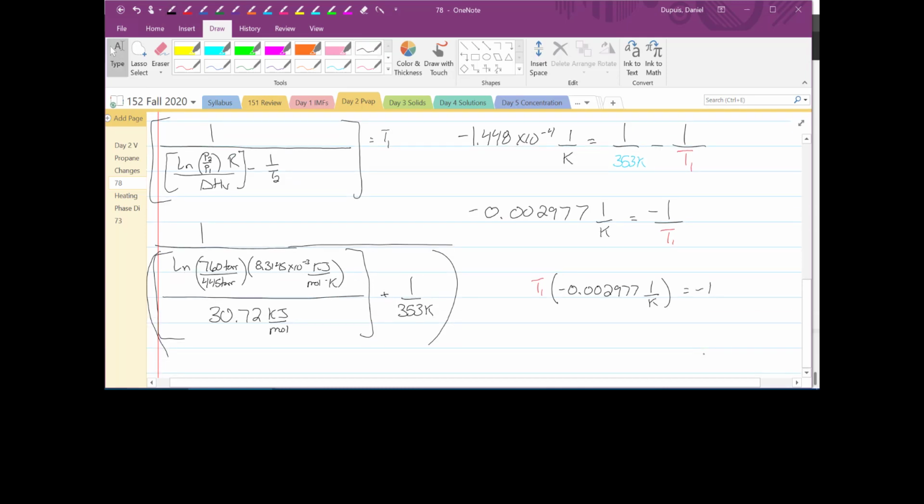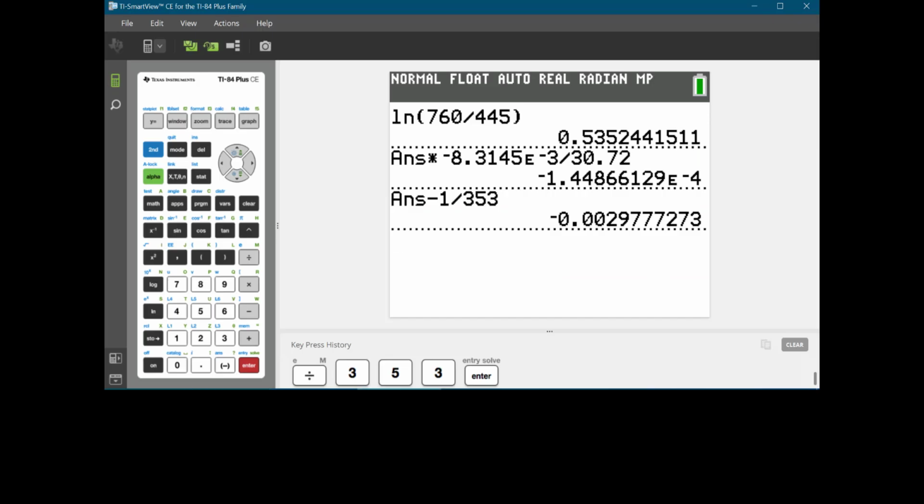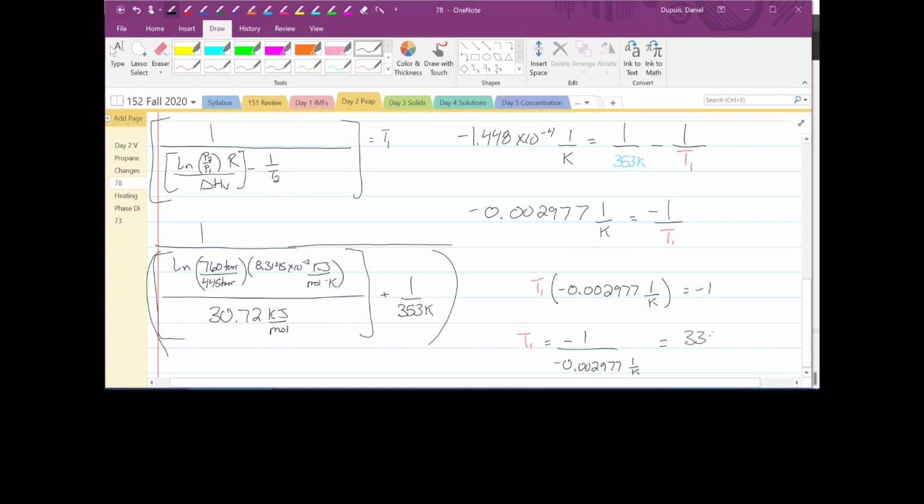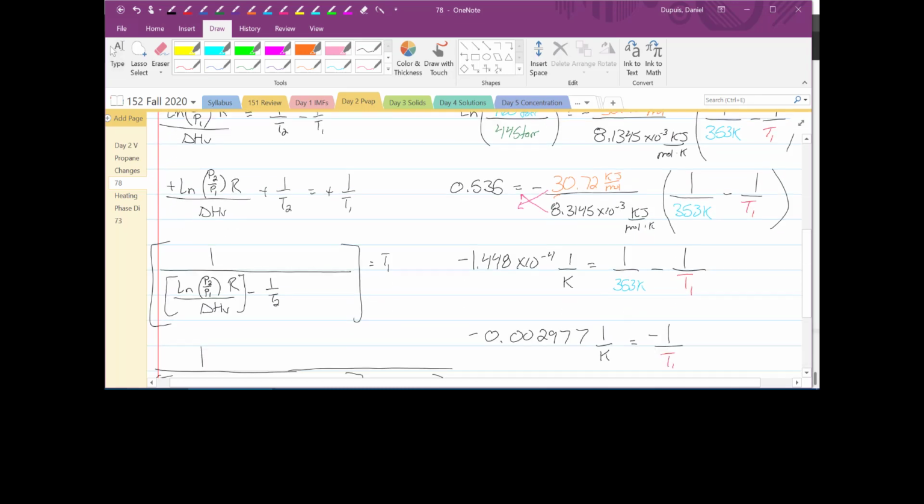So then T1 will equal negative 1 divided by negative 0.002977 1 over Kelvin, which would be negative 1 divide my answer, 335.8, so 336. 336 Kelvin, or now did the problem ask for Kelvin?